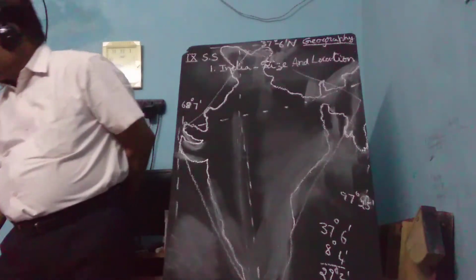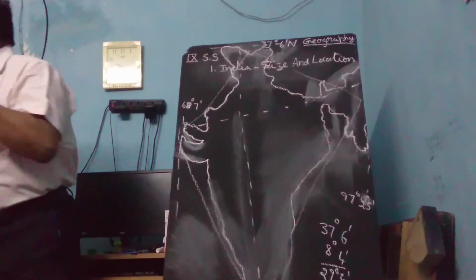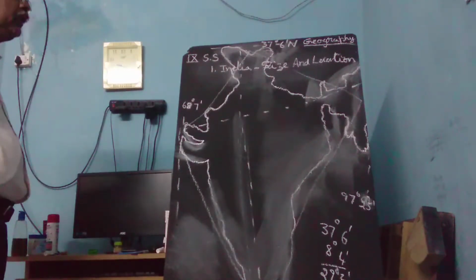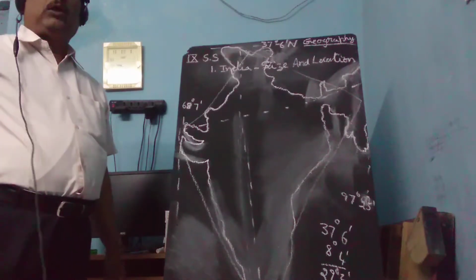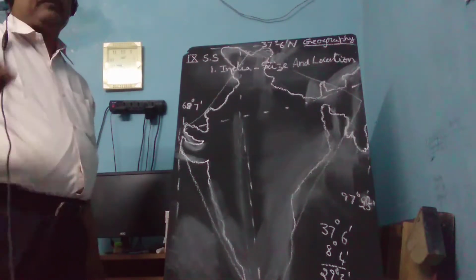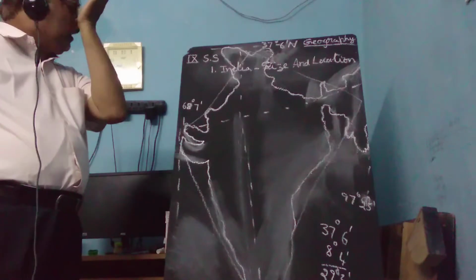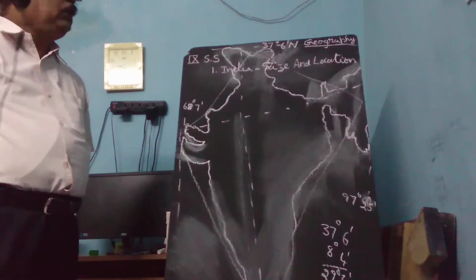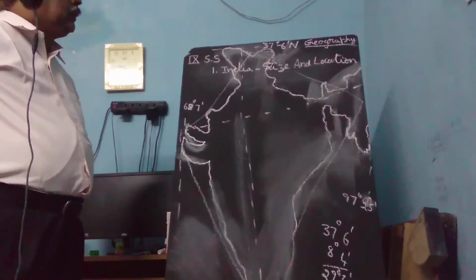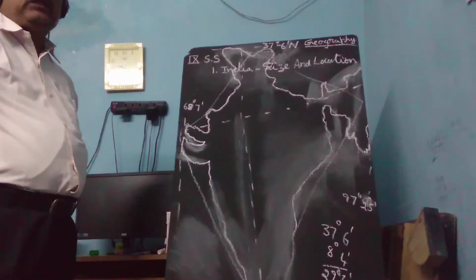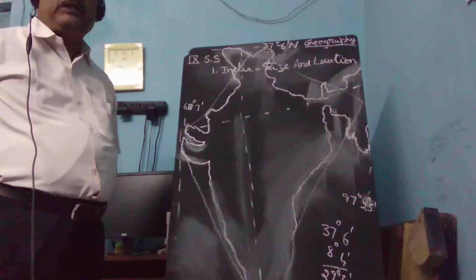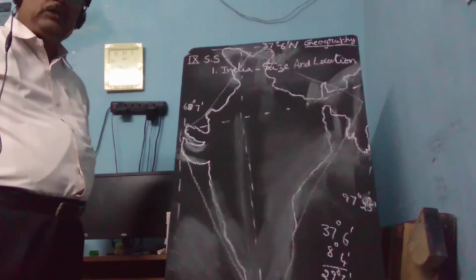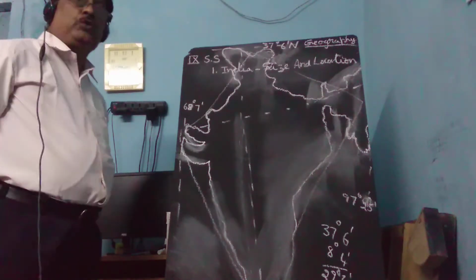Here, you have to know about the location of India in the world, that is on the globe or on the map. You have to learn where it is located on the globe. You know that the globe has two kinds of lines: lines of latitude and lines of longitude.